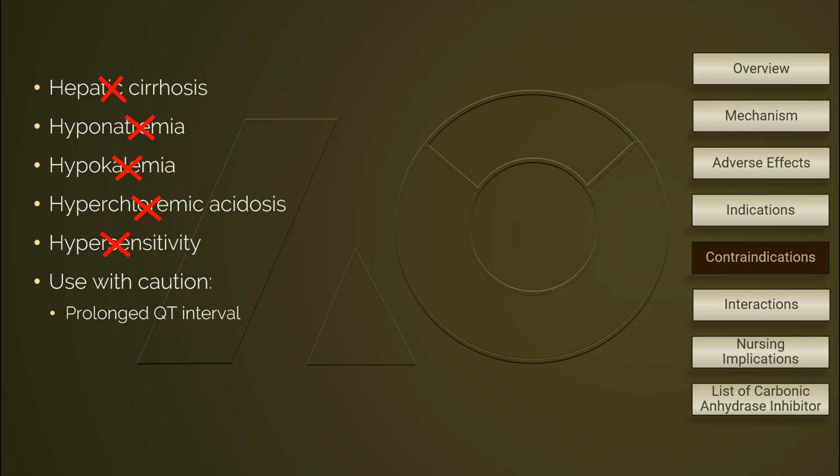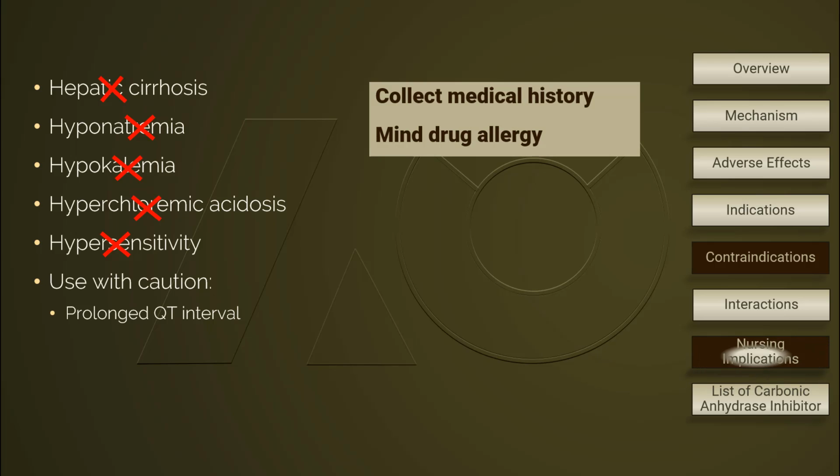Carbonic anhydrase inhibitors cause potassium depletion. Therefore, patients with prolonged QT interval should use carbonic anhydrase inhibitors with caution. Medical history intake and physical examinations are essential for preventing undesired effects caused by using medications on patients who have contraindications.